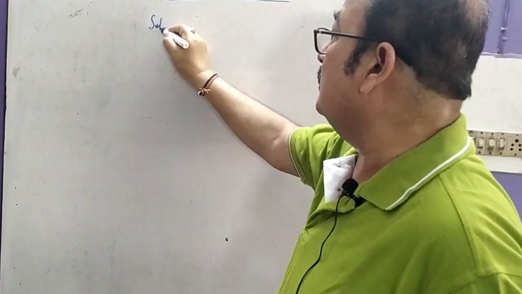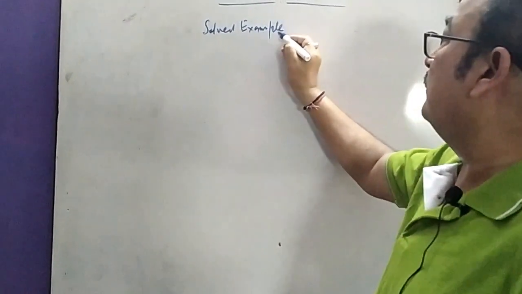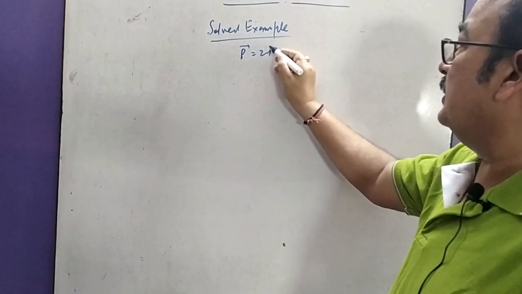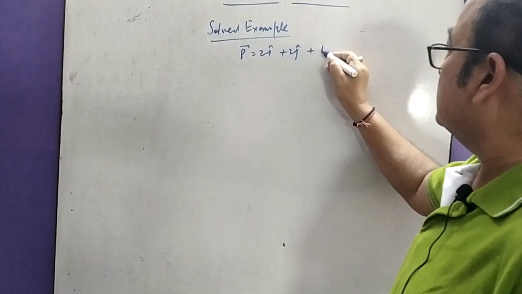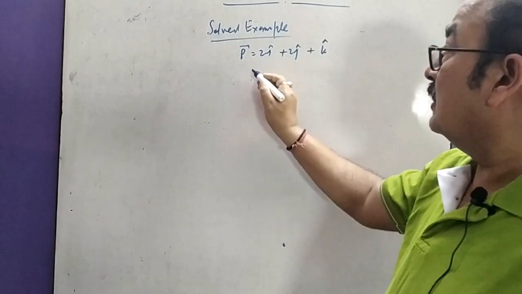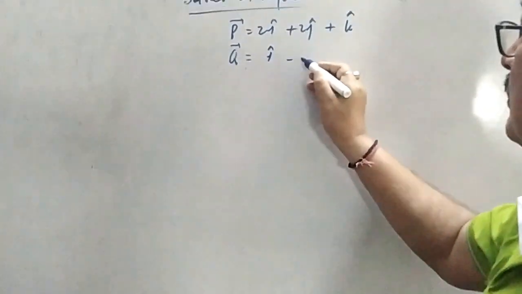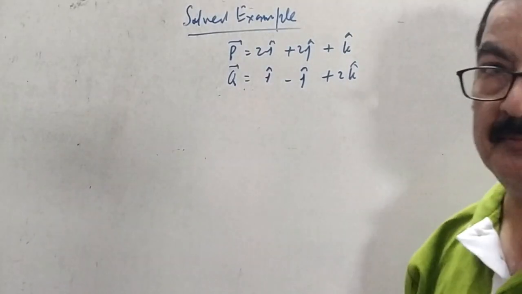सपोज सॉल्व एग्जांपल. Vector p equal to 2i plus 2j plus k. Vector q equal to i minus j plus 2k. This is written, okay?